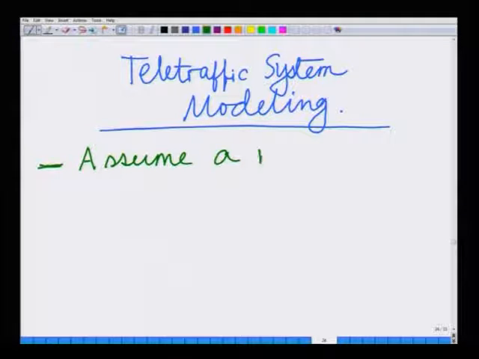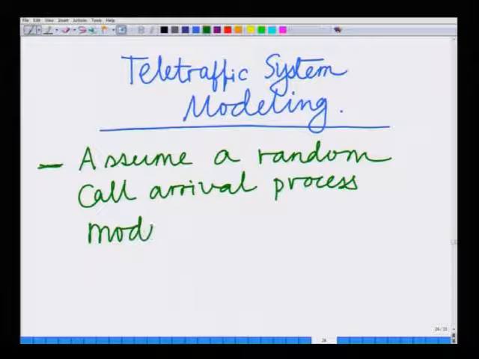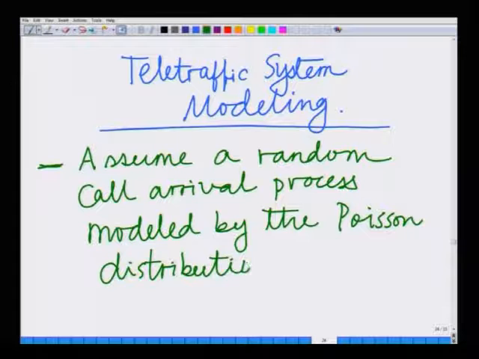Assume a random call arrival process modeled by the Poisson distribution.